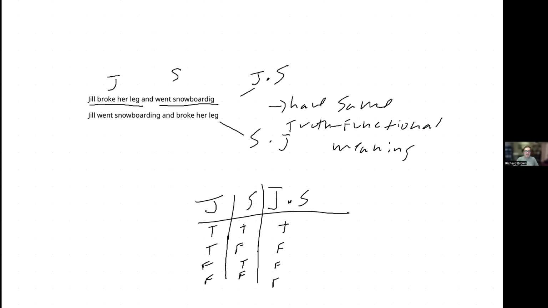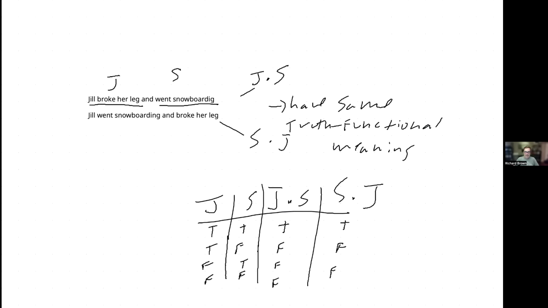So what about S dot J? Now we've reversed these two, but it's not hard to see that you're going to get the same case. So here's S, here's J. S dot J is going to give you true, this one's going to be false, and this one's going to be false, and this one's going to be false.